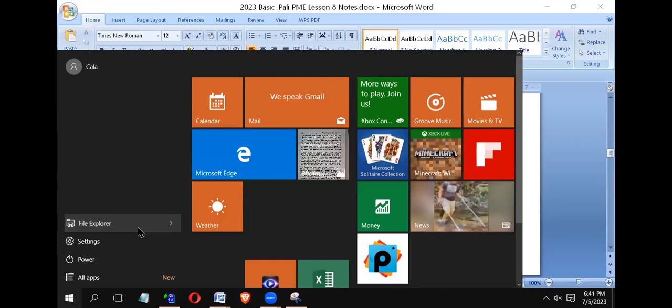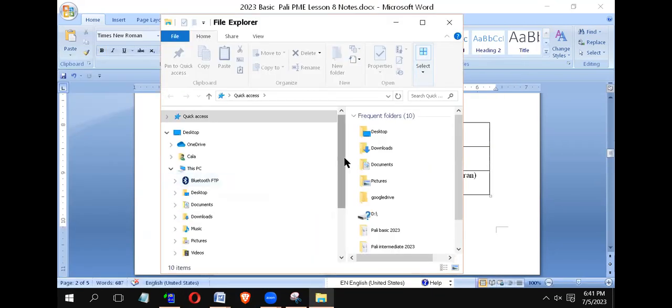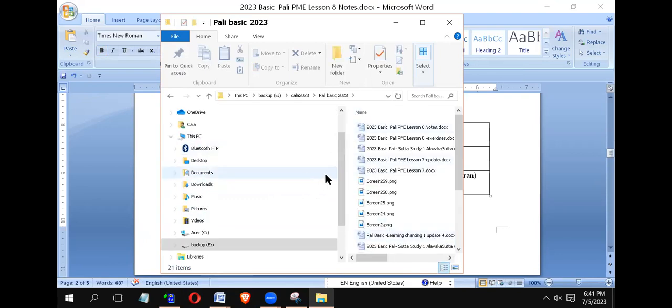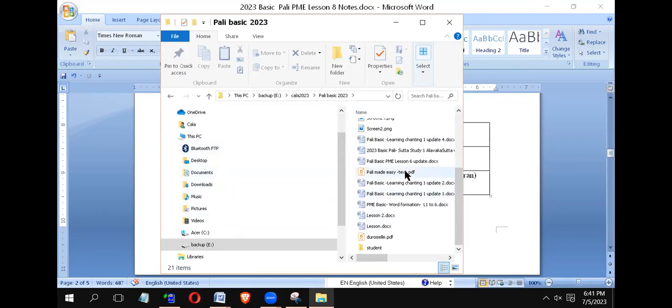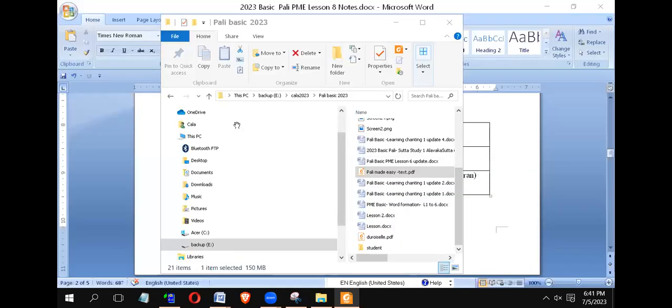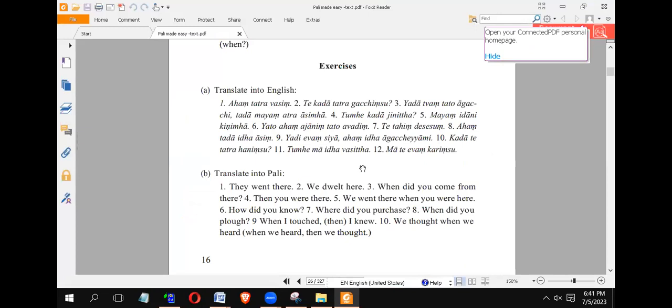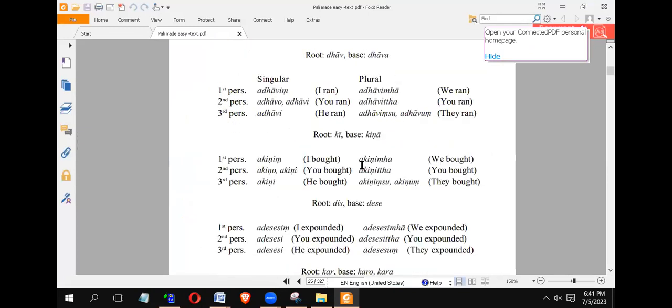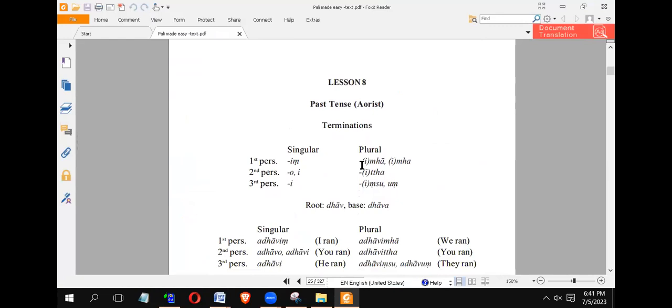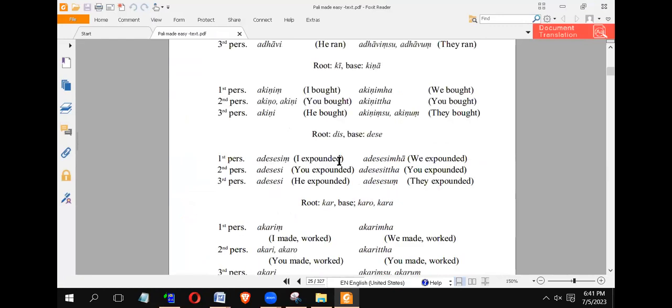Open page 16. So just now we already covered this: o, i, im, su, o, i, ita, im, ima.